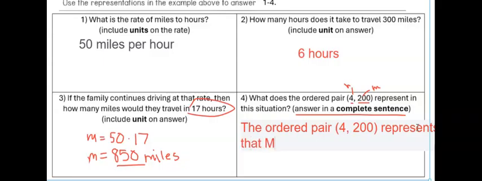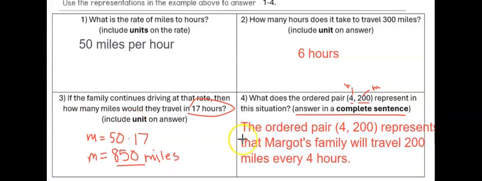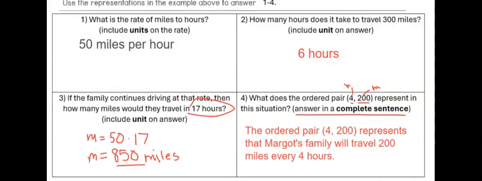that Margot's family, remember we're talking about a trip, Margot's family will travel 200 miles every 4 hours. You just write it as a rate based on the H is hours, M is miles.